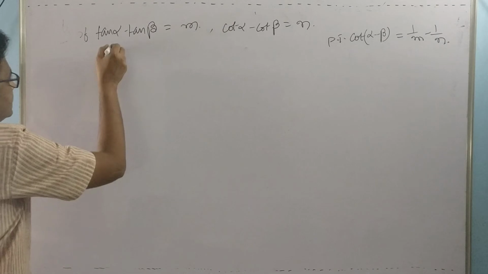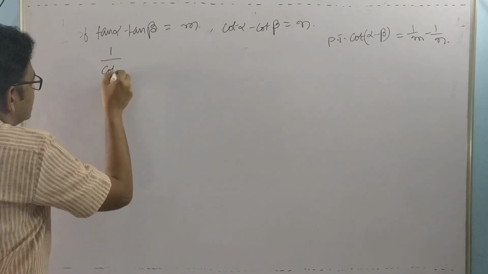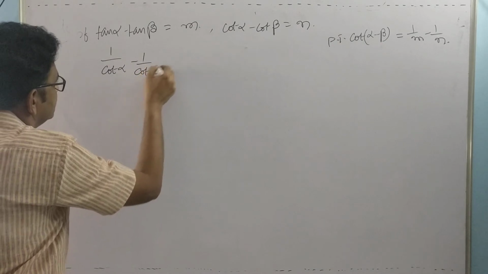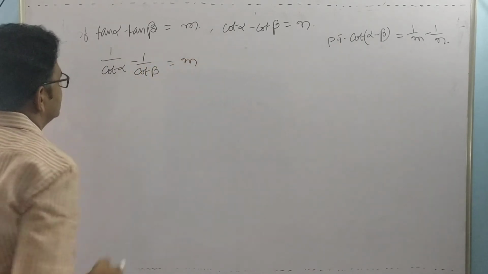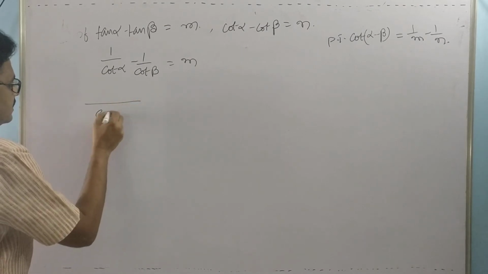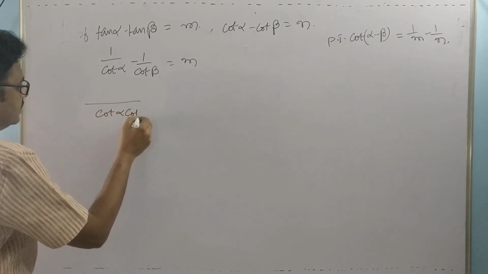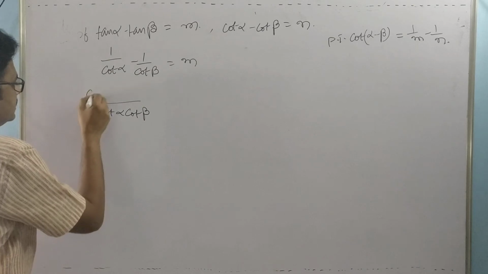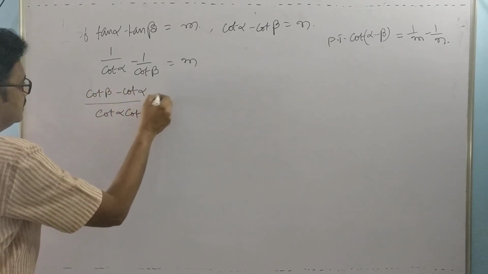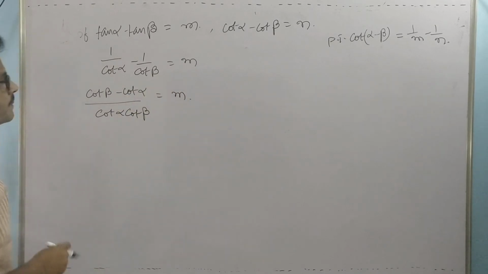So you write 1/cotα − 1/cotβ = m. By taking LCM, this is (cotβ − cotα)/(cotα cotβ) = m.